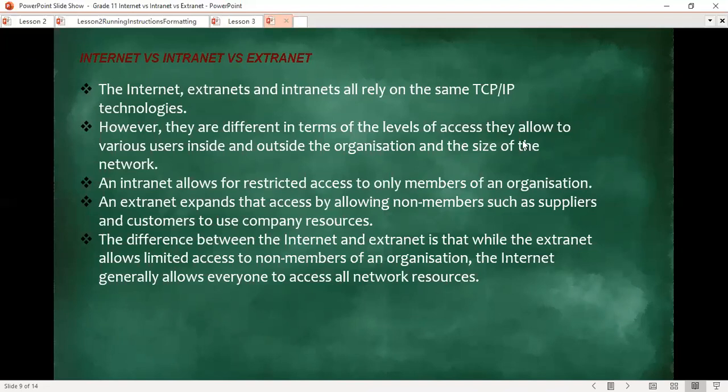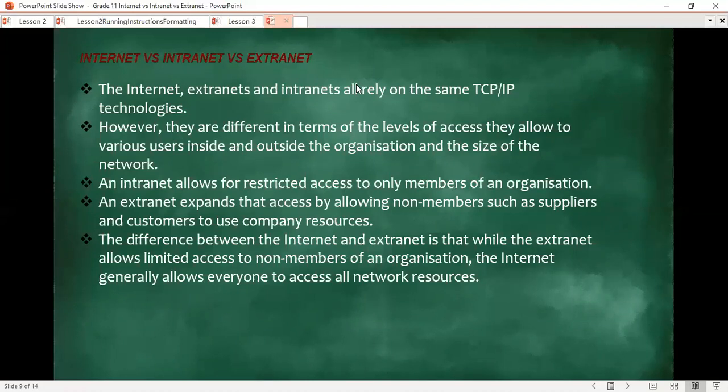It works together with HTTP to allow the flow of information on the internet. So all of these things work with the same protocol, but they differ according to their boundaries.